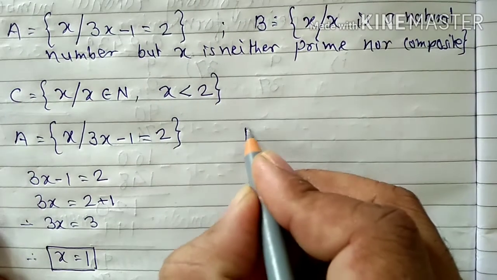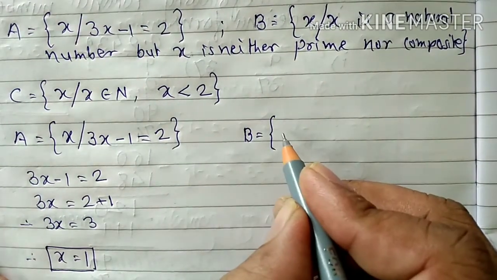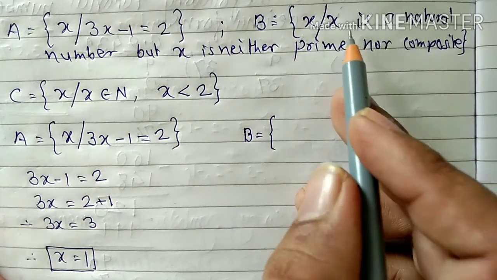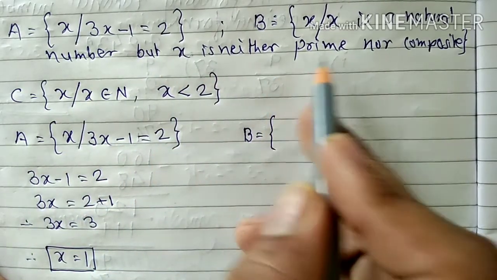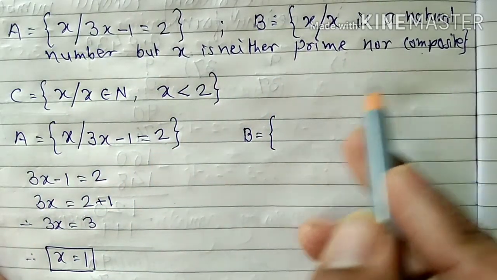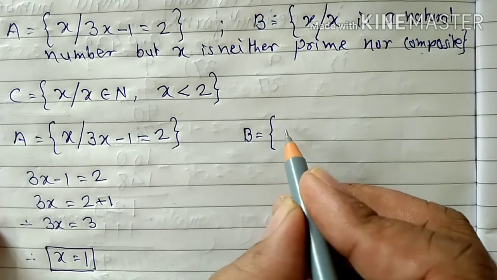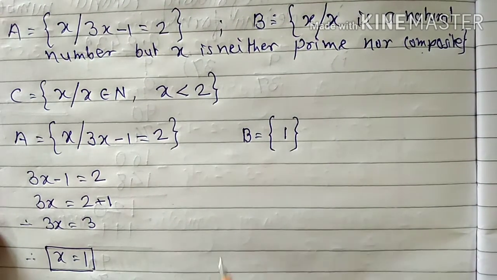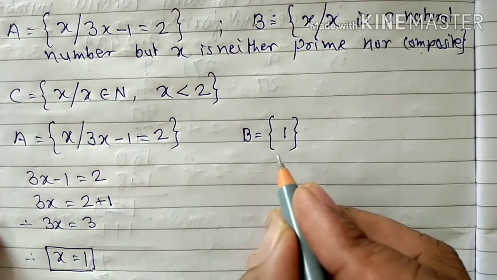Now let us take set B. Set B is the set of x such that x is a natural number, but x is neither prime nor composite. Okay, there is only one number which is neither prime nor composite, that is 1. 1 is the only element which is neither prime nor composite, so B is equal to 1.